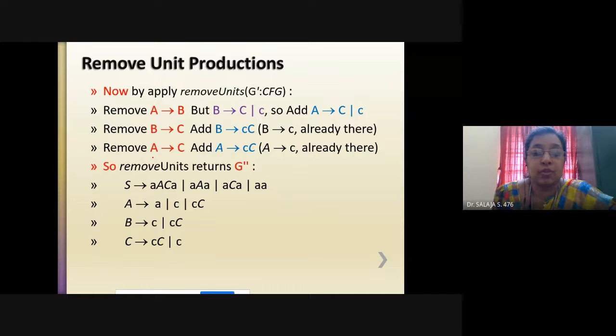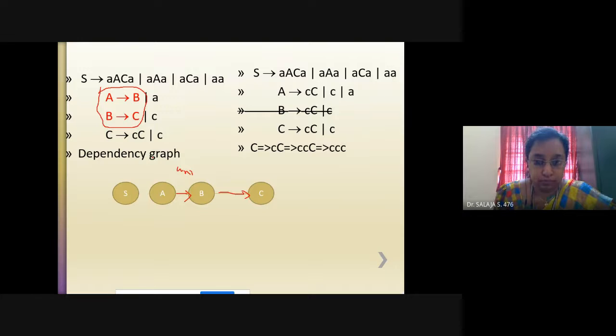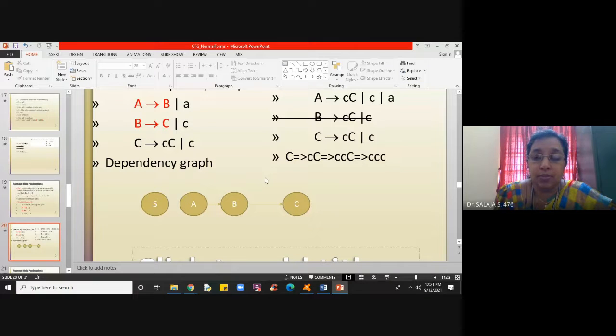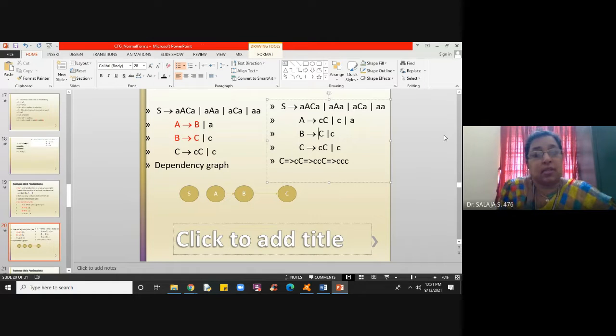We'll go step by step. We are supposed to use a substitution rule before we go ahead deleting all the unit productions. So we'll do certain substitutions here.